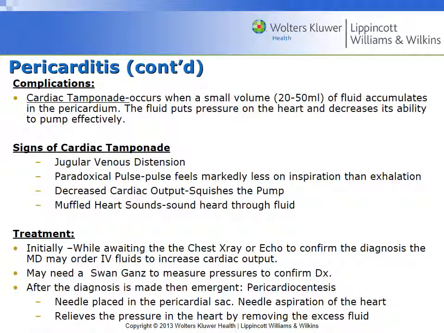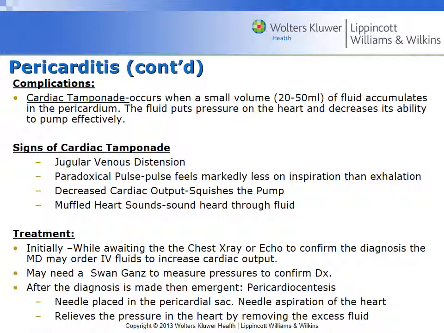Treatment of cardiac tamponade is initially aimed at waiting for the chest x-ray or echo to confirm the diagnosis. The doctor may order IV fluids to increase cardiac output. However, you need to be careful, because if they're definitely having problems with pumping ability, the fluid may back up. You probably will need a Swan-Ganz catheter, as the pressure measurements in the heart confirm the diagnosis of cardiac tamponade.